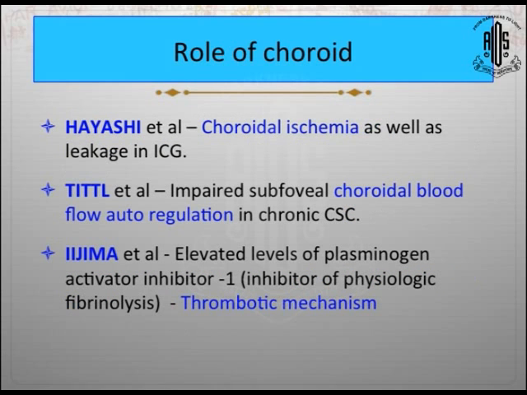A few more people have supported the choroidal theory, like Hayashi et al., who proposed choroidal ischemia being the main cause. And Little et al. proposed choroidal blood flow autoregulation being the cause in chronic CSR. Iijima et al. proposed a thrombotic mechanism which was responsible for the same.